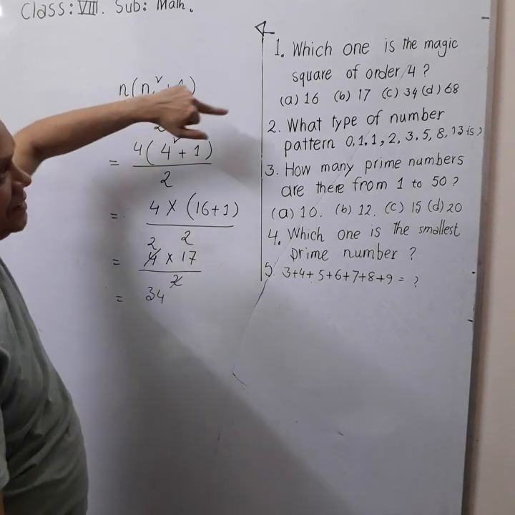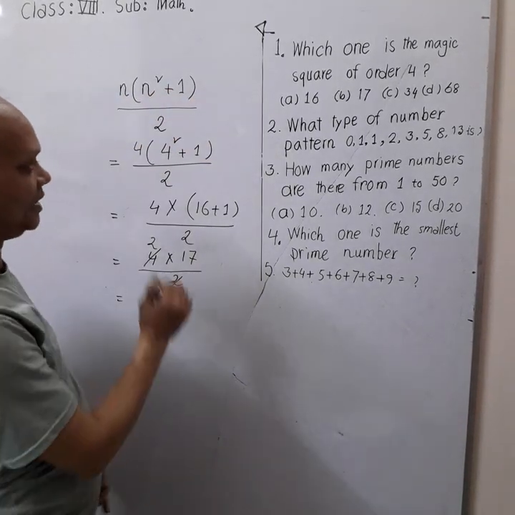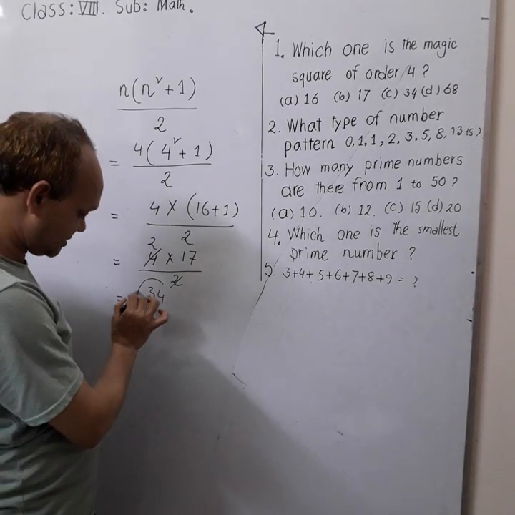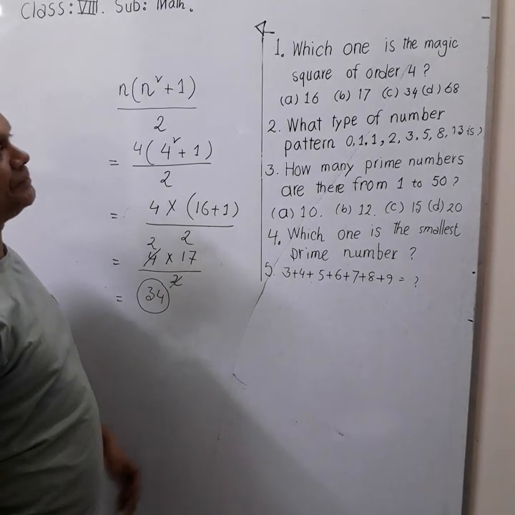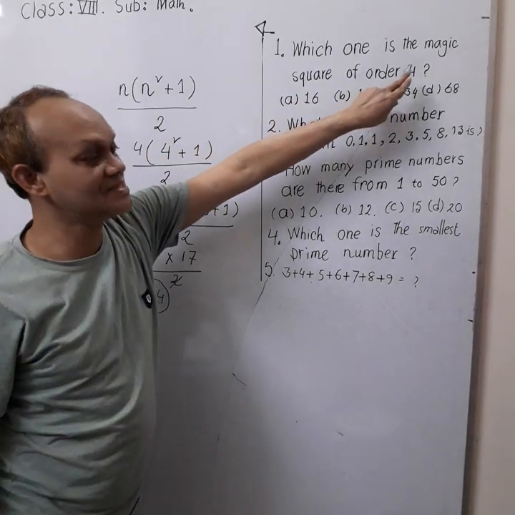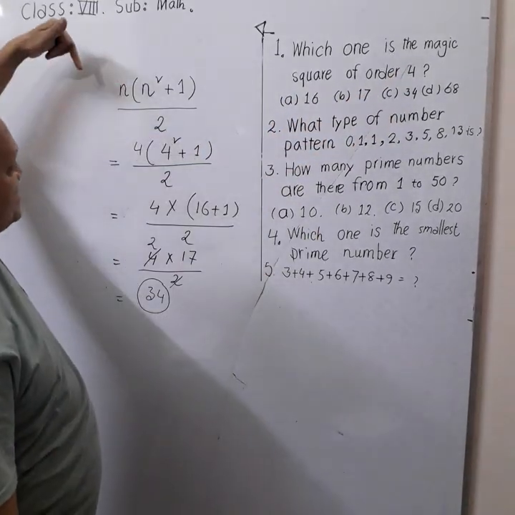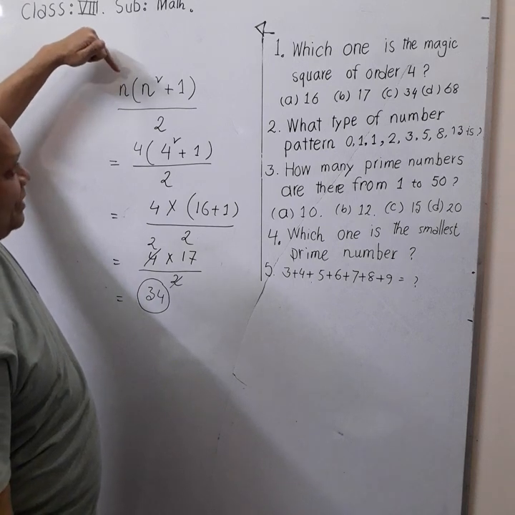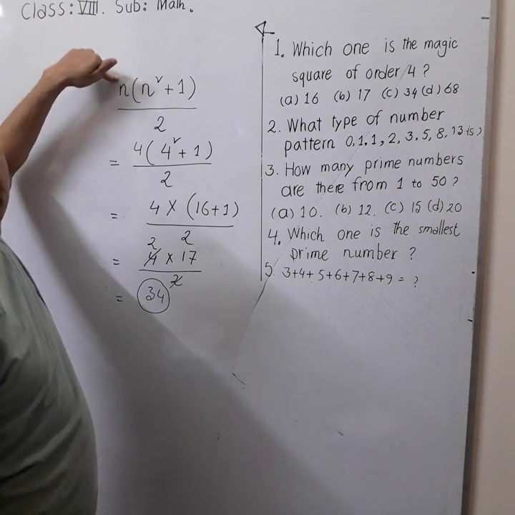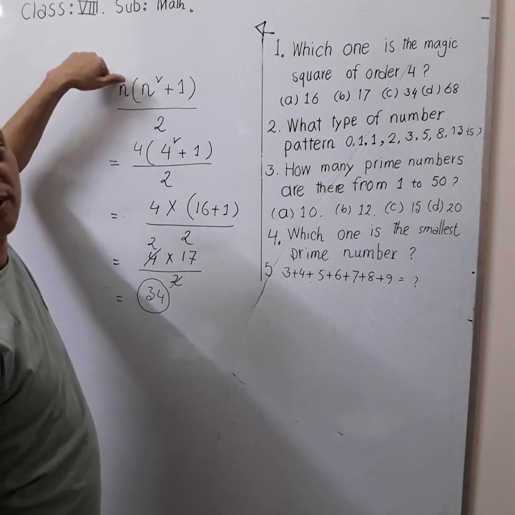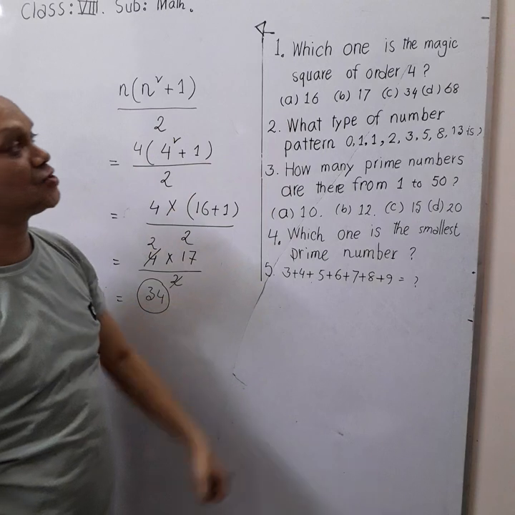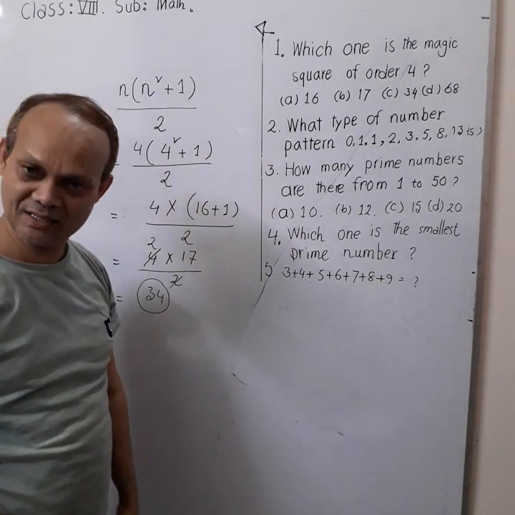That is the magic number of the magic square of order 4, which is 34. So if you are asked about the magic square of order 5, 6, 7, then what will you do? Just in place of n, you will write 5, 6, 7, 8. So I think from now onward, every student will be able to solve any kind of MCQ related to magic square order, right? Okay, fine.